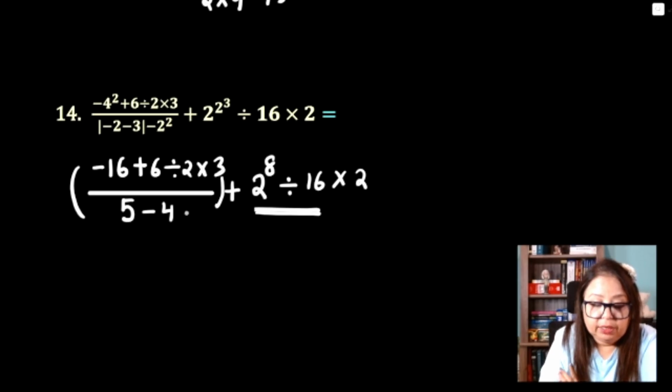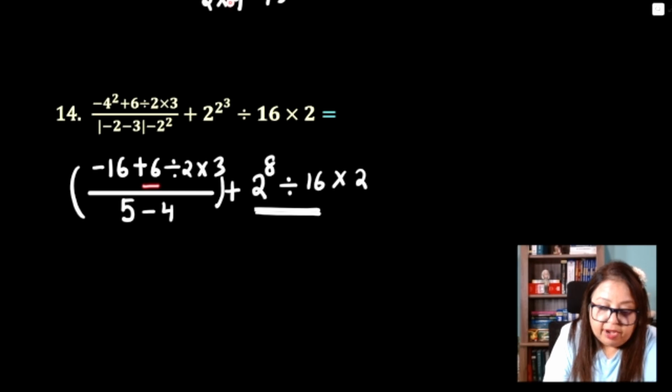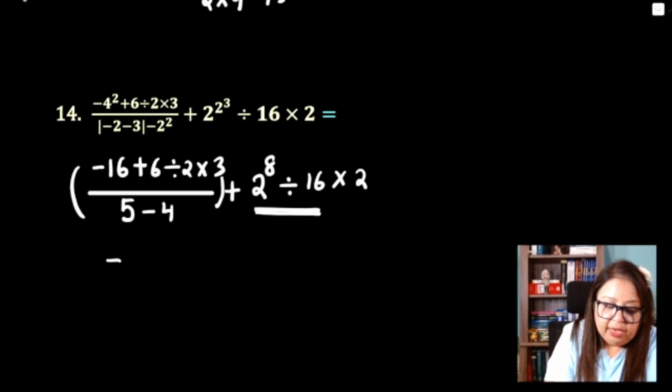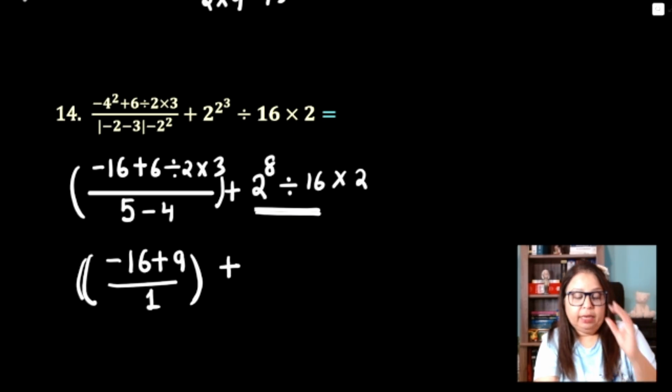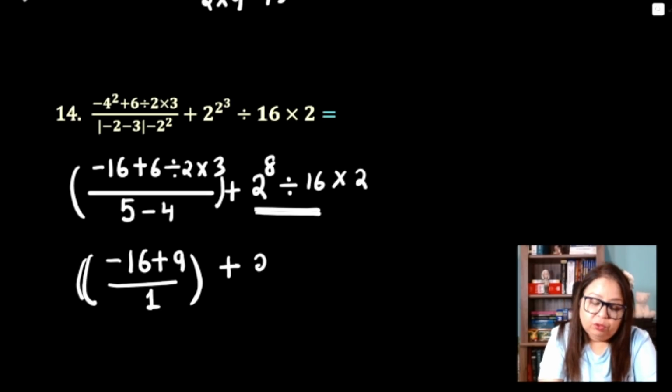It's not going to change anything. 6 divided by 2, that gives you 3. And this 3 times this 3, that gives you 9. So we have 16 plus 9 divided by 1. Let's just leave it alone here and move on to the next term. 2 to the power 8. That is going to be equal to 256 divided by 16 times 2.